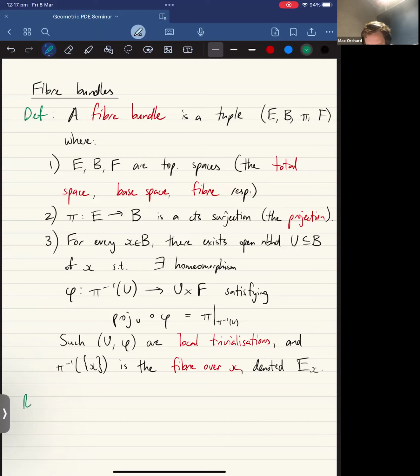Now, one thing that immediately follows is that all of the fibers over every point x is actually just homeomorphic to our fiber space.